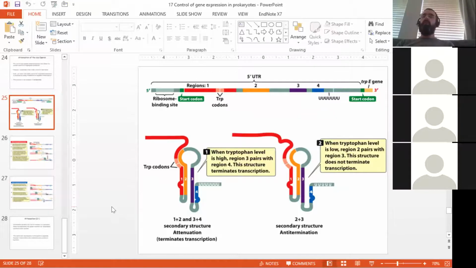Okay, what's the output of the expression of the lac operon? What metabolite will increase in concentration that the bacteria cares about? Glucose, right? Can bacteria or their gene expression mechanisms detect glucose directly?